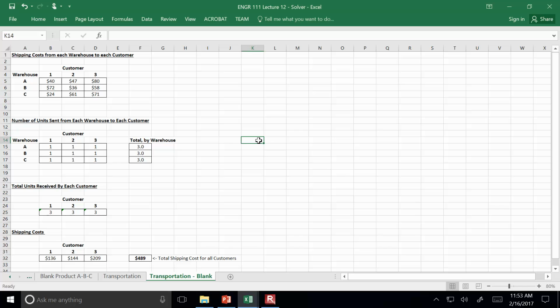So I'm going to just write this here as a reference. Warehouse A has 100 available. Warehouse B has 200 available. And warehouse C has 300. And so these constraints you're going to have to put in using the solver.